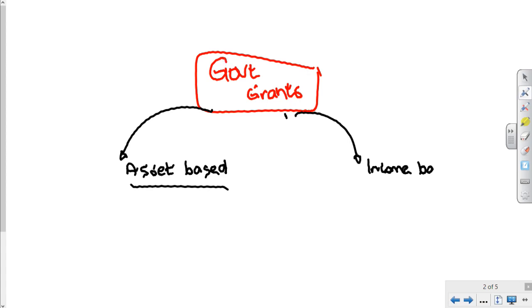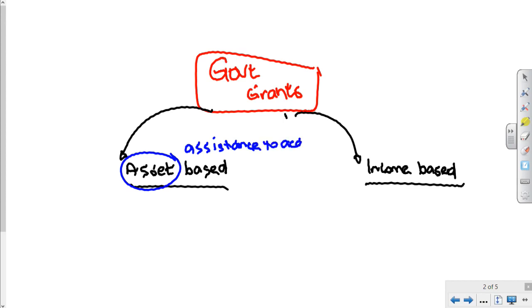And the first step is to understand, do I have an asset-based grant or do I have an income-based grant? Because the accounting for the two is distinctly different. They're not difficult to define because asset-based grants are exactly that. It's assistance to acquire assets.